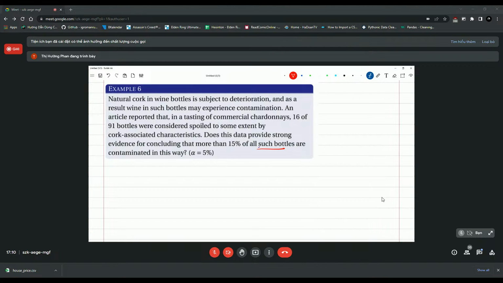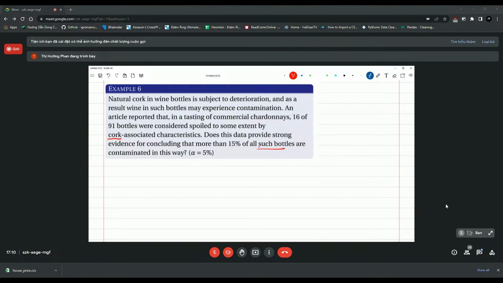Okay, this is contaminated in relation to the attack. And we care about the proportion or percentage of portals.